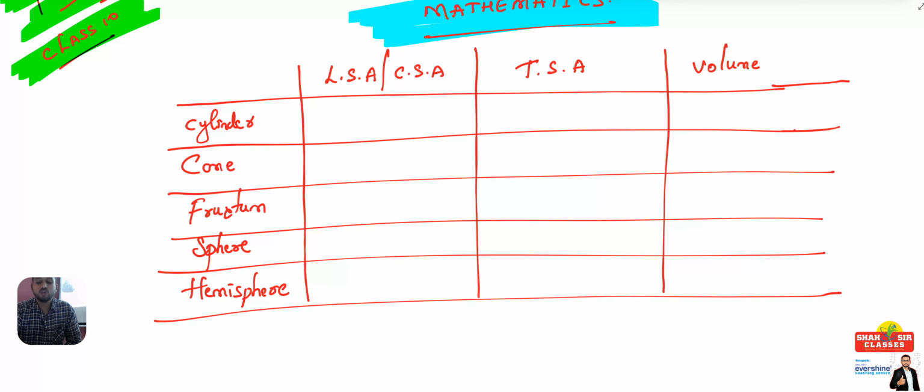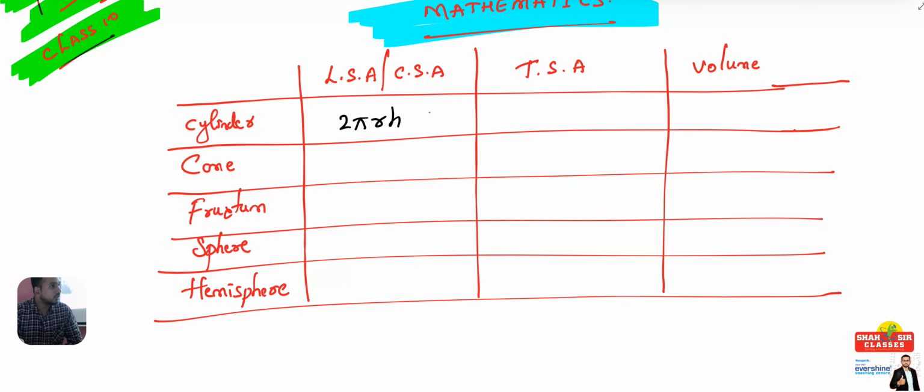Cylinder. What is the formula to find the curved surface area of a cylinder? That is 2 pi RH. Remember. What is the lateral surface area? 2 pi RH. But here I can't explain in detail. If you want the detailed explanation, what is the meaning of lateral surface area and curved surface area, I'll give you the link in the description below after the end of this video.